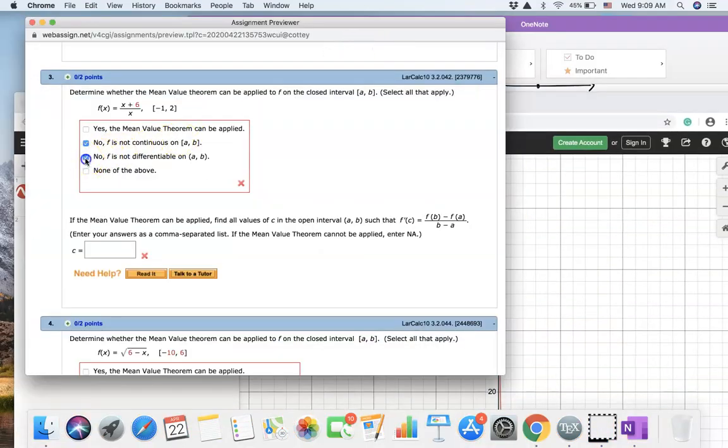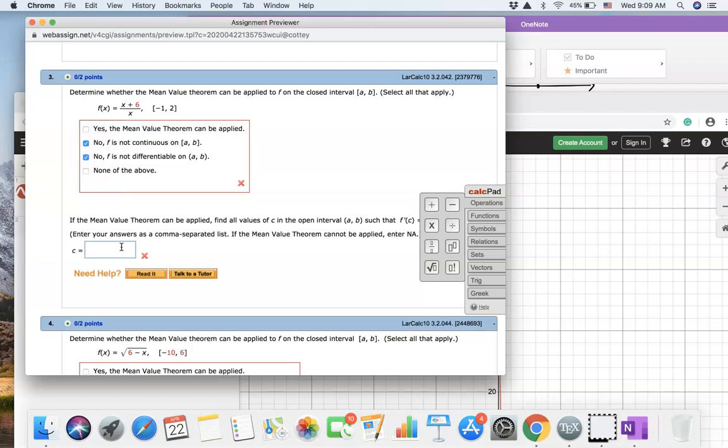Therefore, the function is not differentiable. Therefore, since the mean value theorem cannot be applied, we couldn't find this c. So the answer is NA.